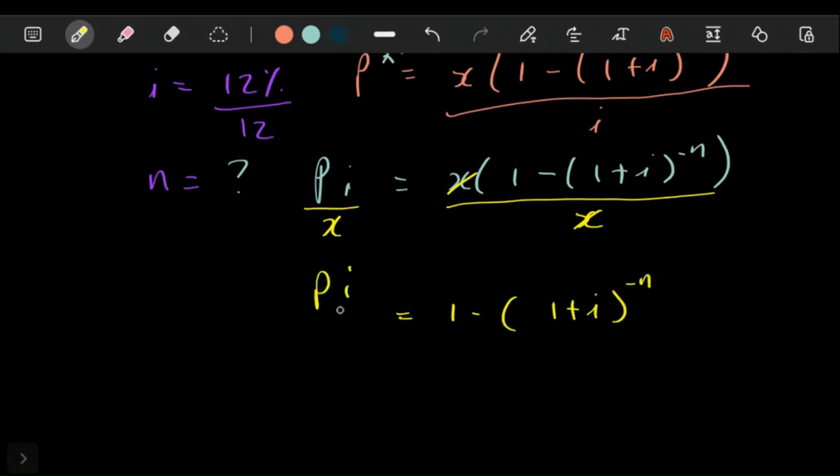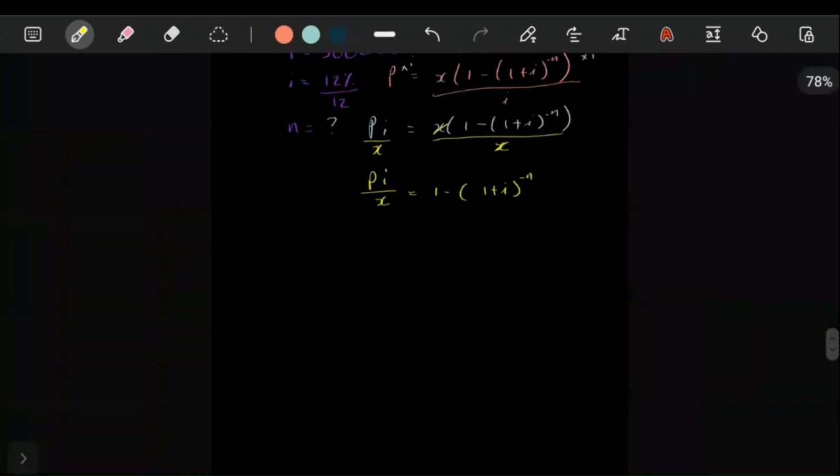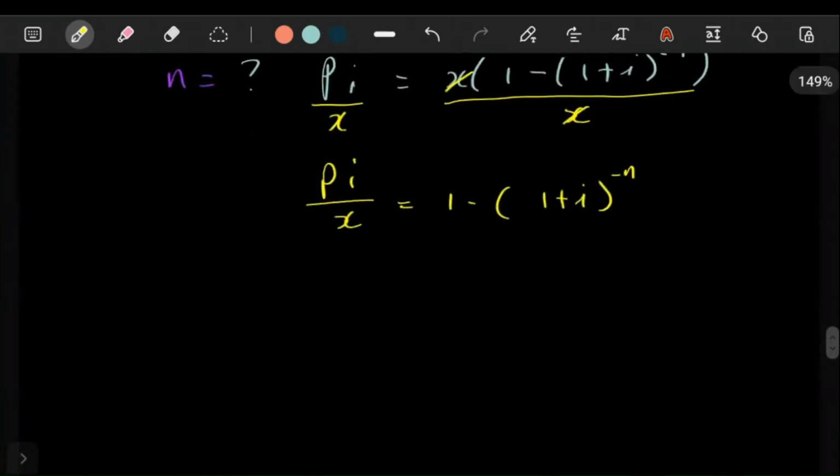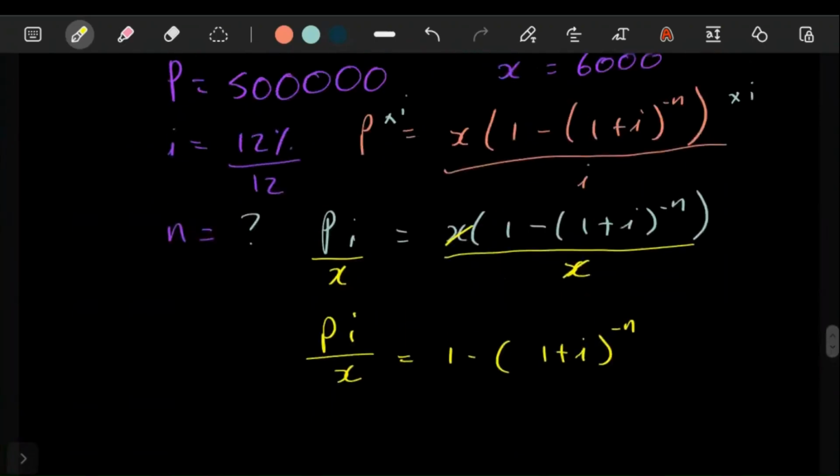This is so that you don't work with values and end up rounding off and all that.